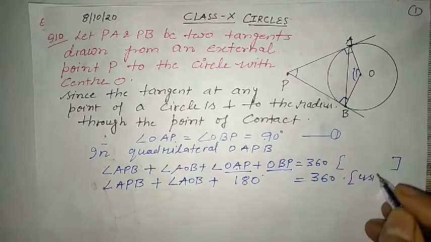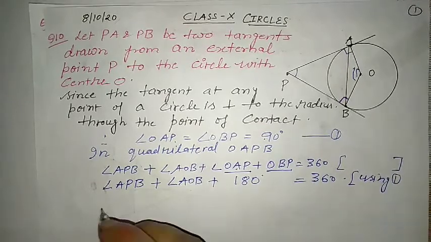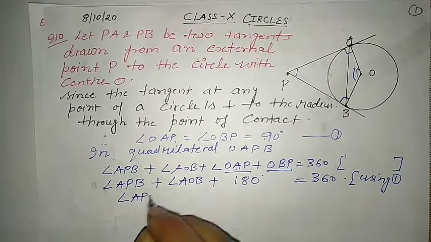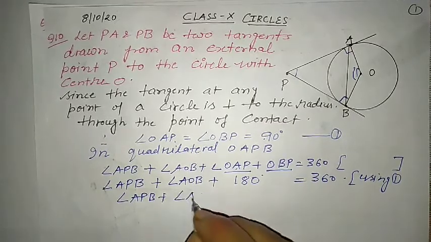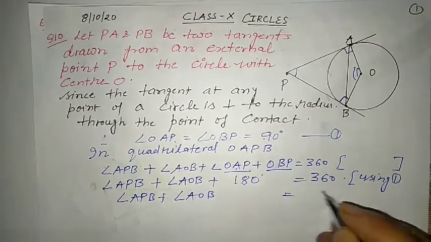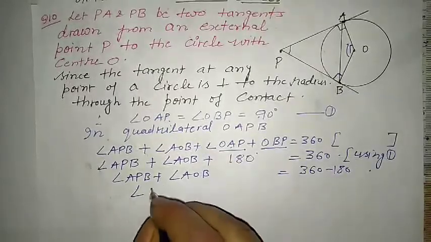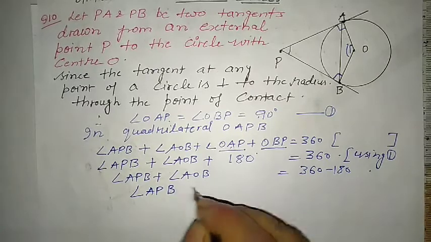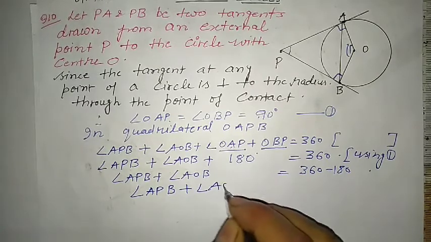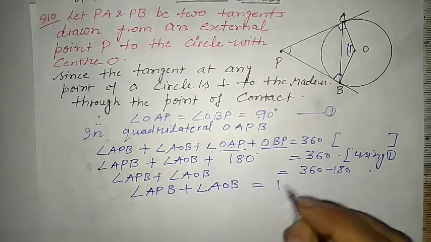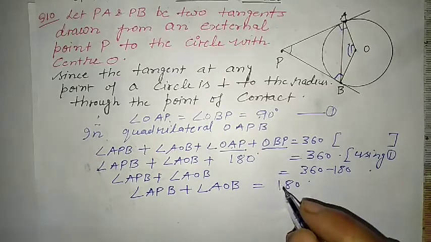Here we will write using first. So angle APB plus angle AOB equals 360 minus 180. So we have angle APB plus angle AOB equals 180. So this we wanted to prove.